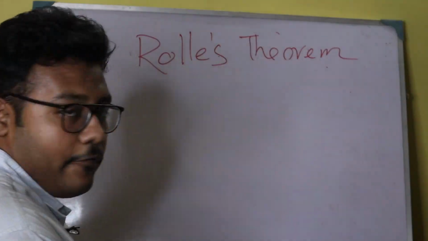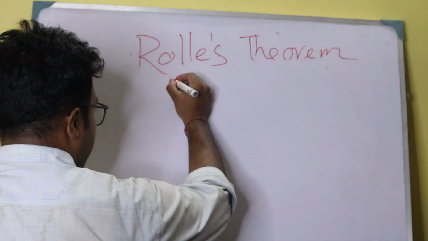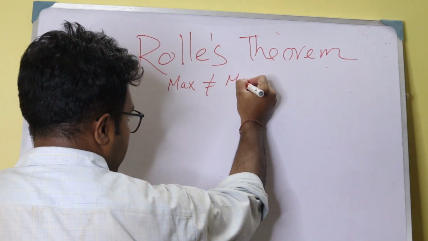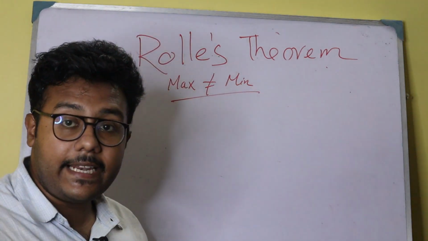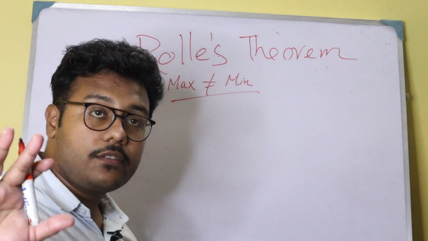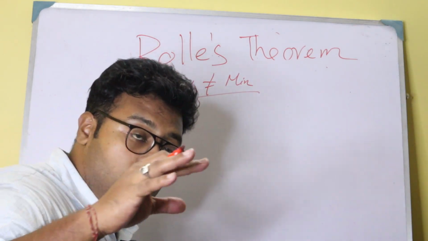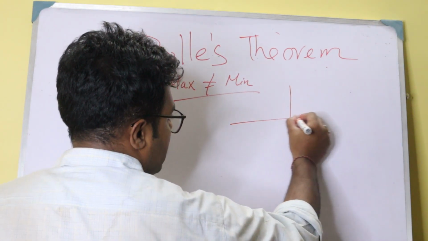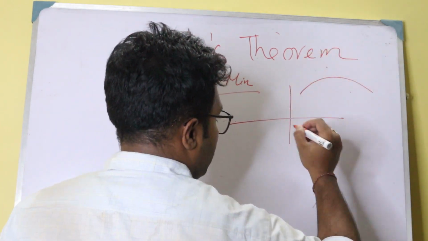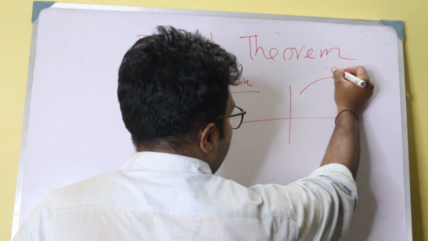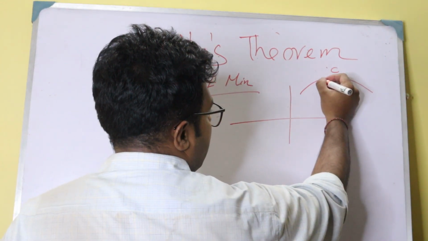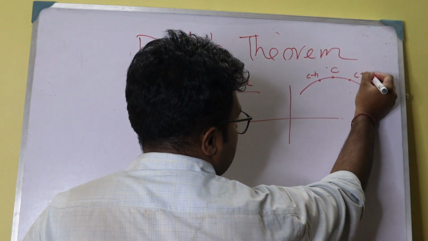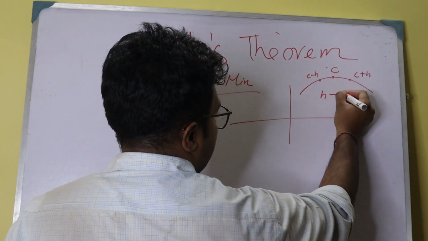Now friends, I am coming to the proof part, that max is not equal to min, right? This is the second case, you remember, right? When max is not equal to min, we have to calculate this part also. Now suppose this is a function, it attains maximum value at this point C, and this is another point C minus H, and this is another point C plus H, and H tends to 0.